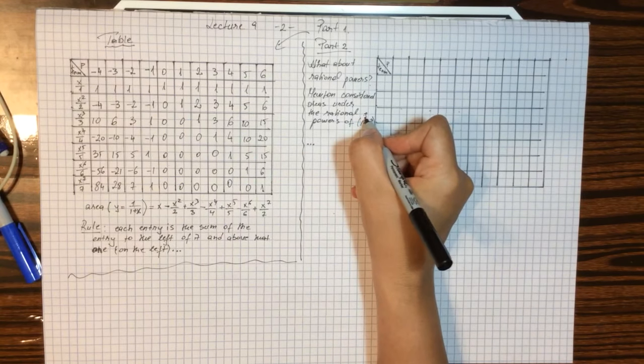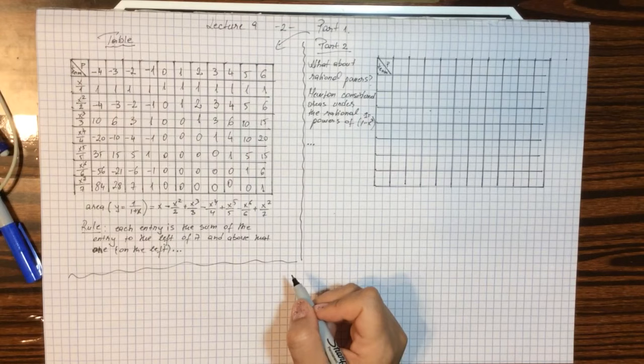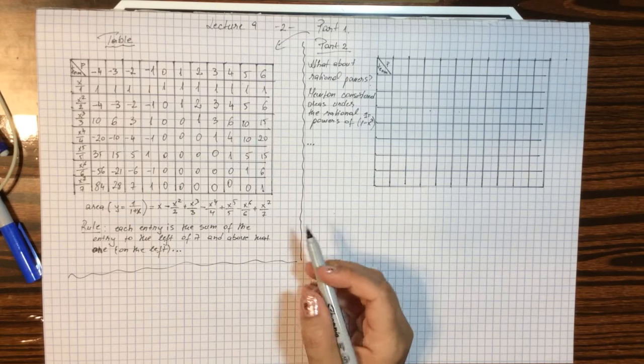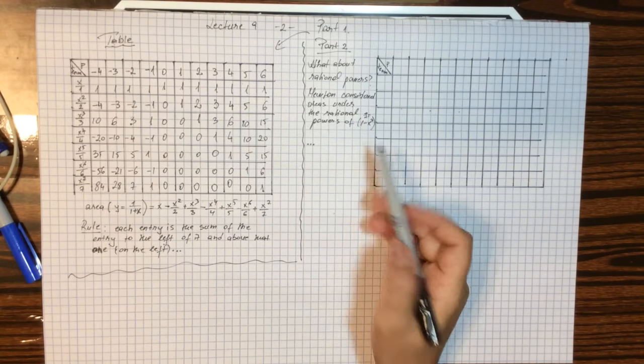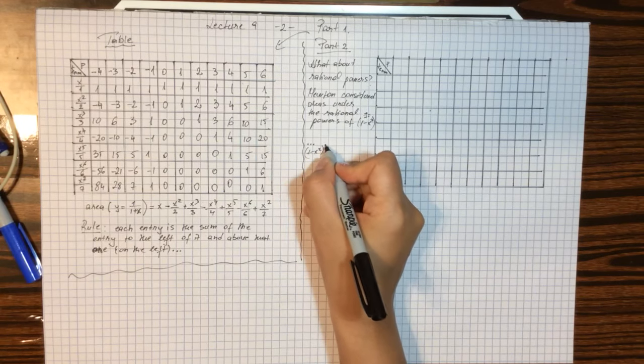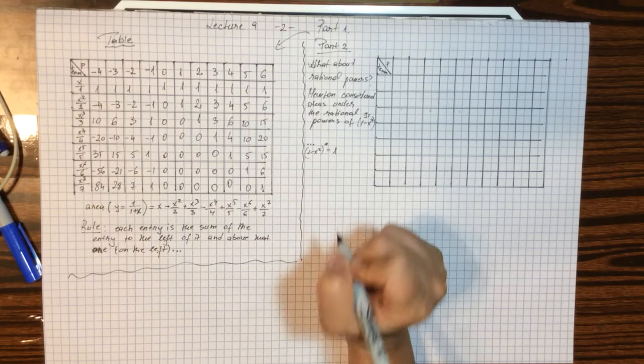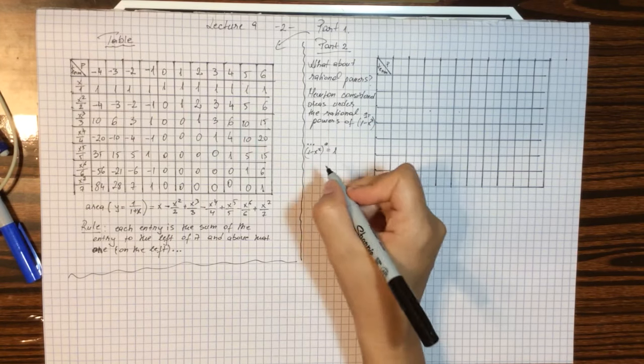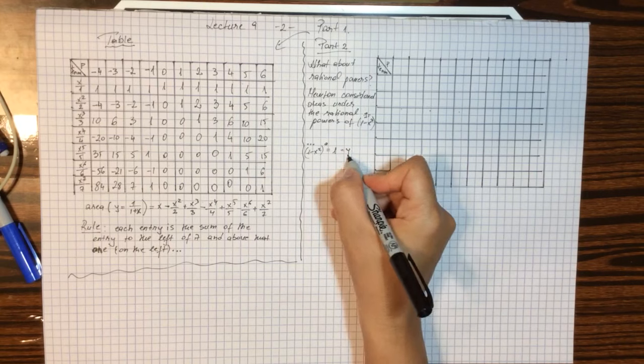This is the line y equals 1 minus x squared. The zero power of that, 1 minus x squared to the power 0, is equal to 1. So that's the line y equals 1.